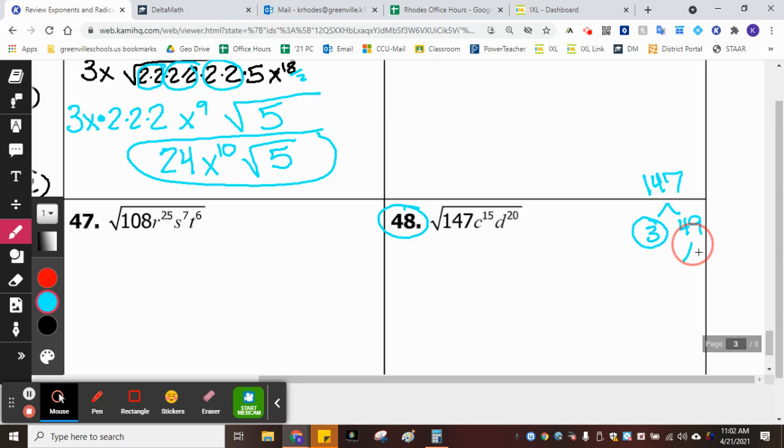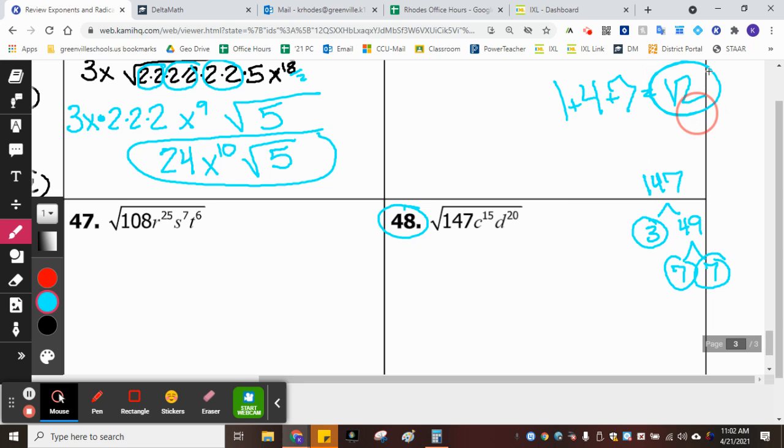Do you know the divisibility trick of 3's? Like how you know if it's divisible by 3? If you add the digits together, 1 plus 4 plus 7 is 12.